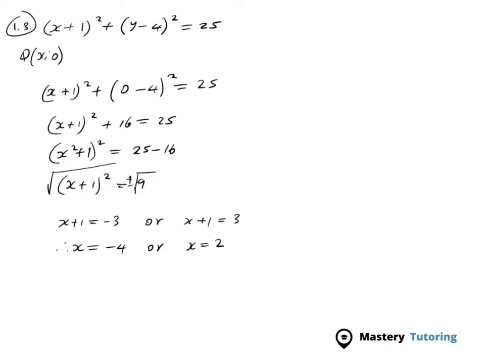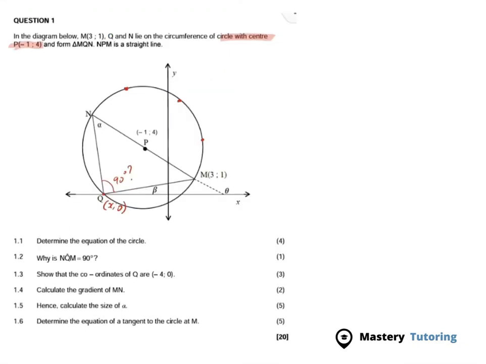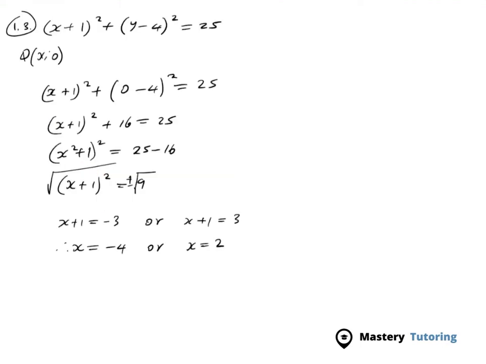Now, if you look at this diagram, the x value must be negative because it is on the left-hand side of the x-axis, where the x values are negative. So we have to take the negative one. Therefore, the coordinates of Q can only be -4 and 0. So we've proven this, we've answered this question.